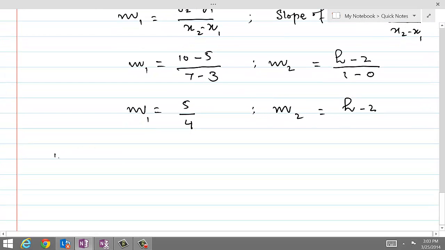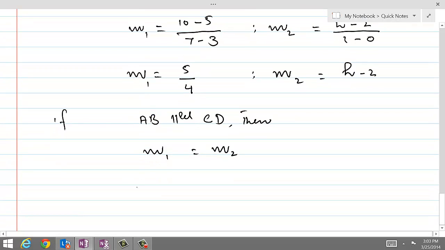If AB is parallel to CD, then their slopes are equal. Then m1 is equal to m2. This means that h minus 2 is equal to 5 over 4.